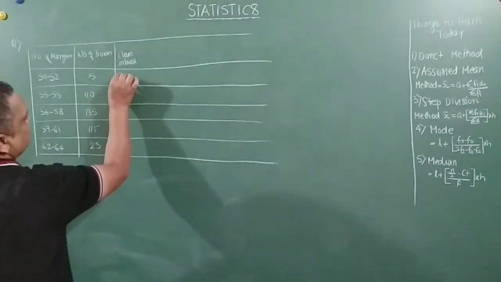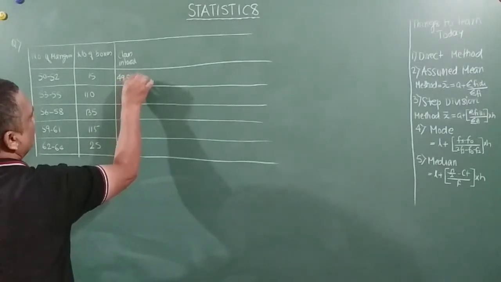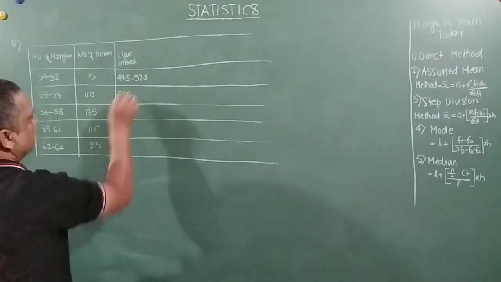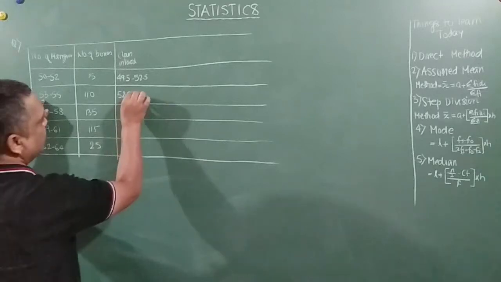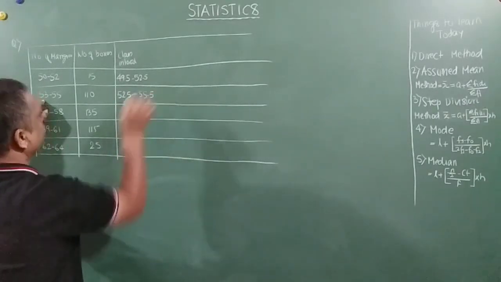So this makes it 49.5 to 52.5. The next start will be 52.5 only. Already reduced here by 0.5, you are able to see this is 55.5, right?